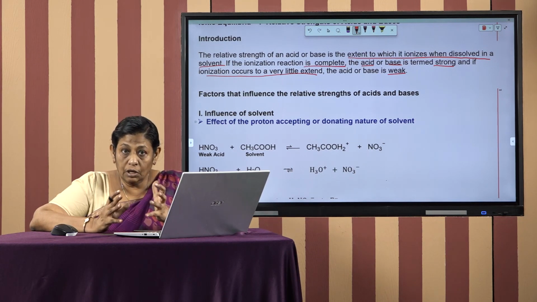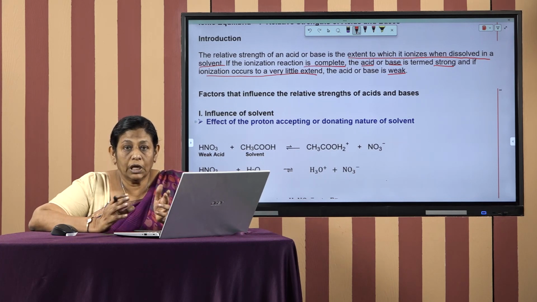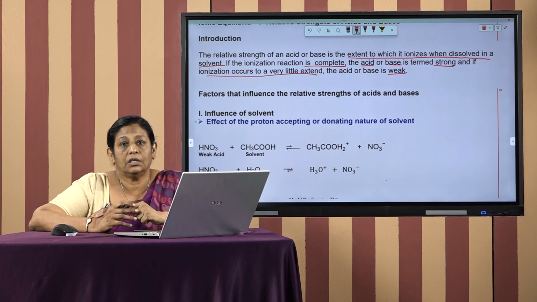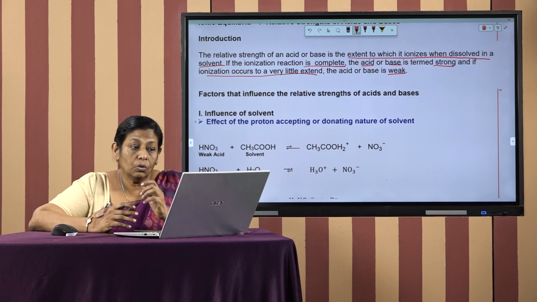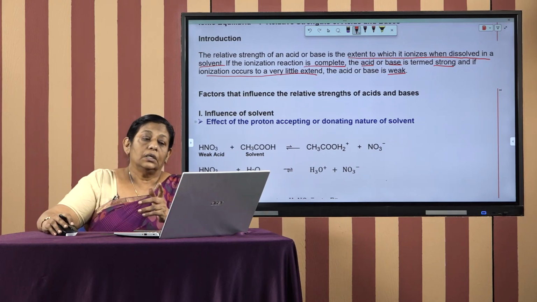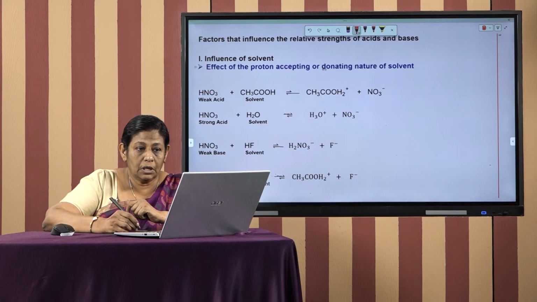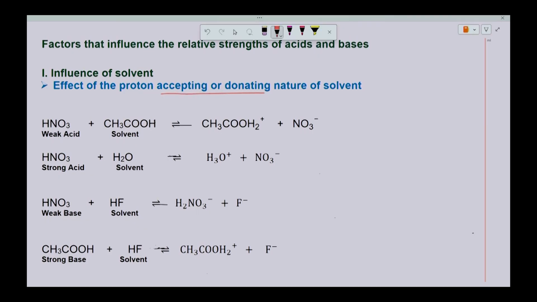If it is a very good base, it accepts a proton easily. So, donation and acceptance depends upon in what solvent we are taking that acid or base. So, influence of the solvent is very important, and in that the first one is effect of proton accepting and donating nature of a solvent.